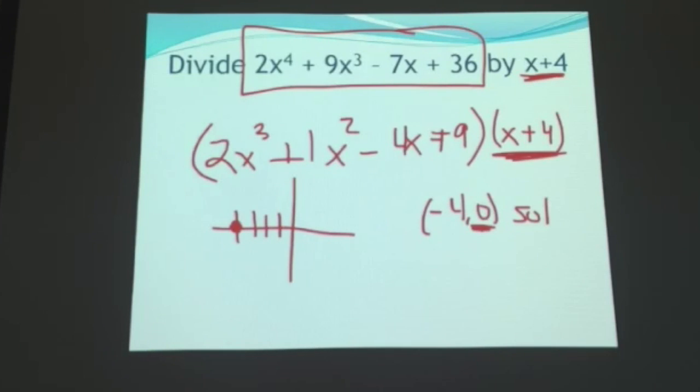So we were able to factor out an x plus 4. Next, we're going to work on factoring the remainder portion of this problem. But that's what's coming a little bit later in the semester. So we want to find all the places where this graph crosses. And we found one already. So that's kind of where we're going this unit.